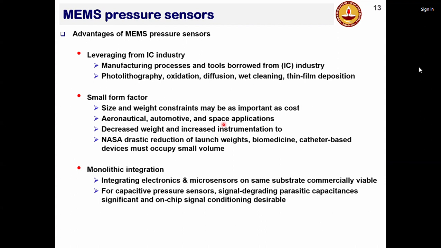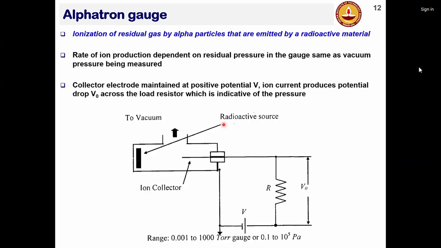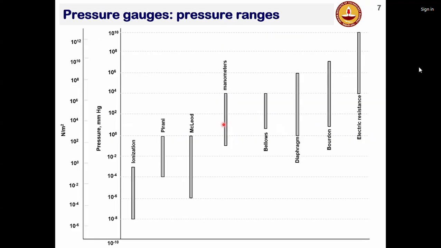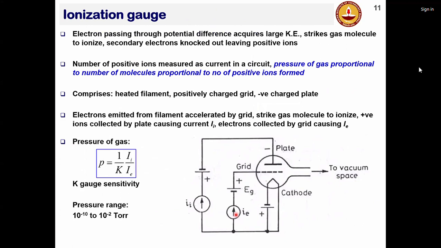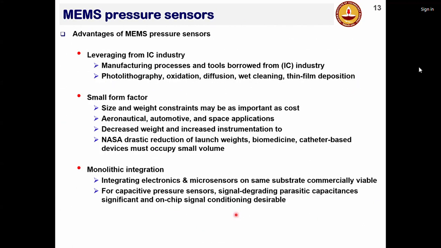There are several advantages of these pressure sensors because all these pressure transducers that we have talked about are large scale systems. Okay, so their physical size is very large. So if you want to develop a system where physical size is a constraint, and you want to create a very, very small pressure sensor of a few millimeter by few millimeter size, then you need to talk about MEMS pressure sensors.